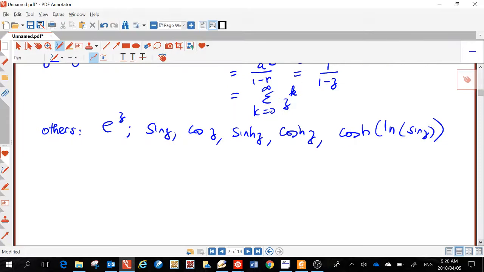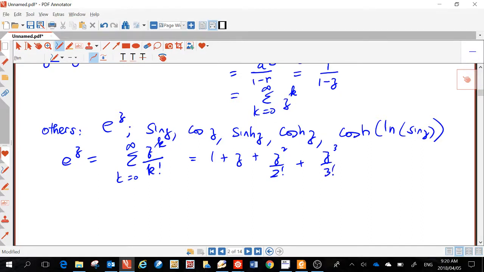Oh, by the way, how do you expand e to the z? Isn't it the sum of z to the k over k factorial, k equals 0 to infinity? So it's 1 plus z over 1 factorial plus z squared over 2 factorial plus z cubed over 3 factorial and so on.